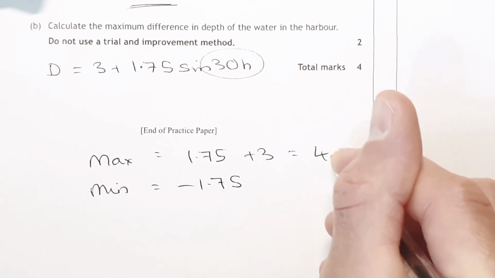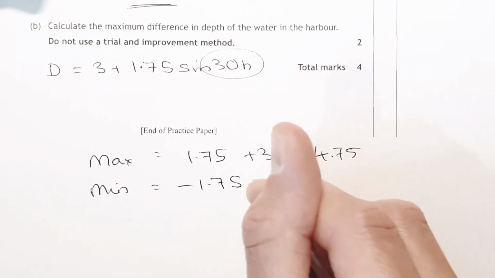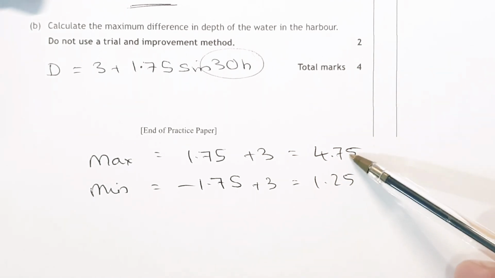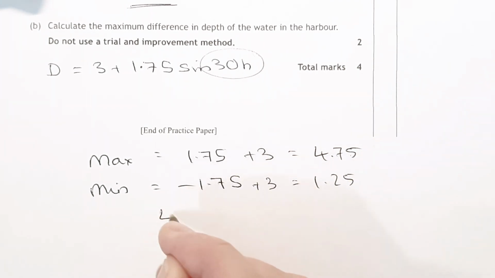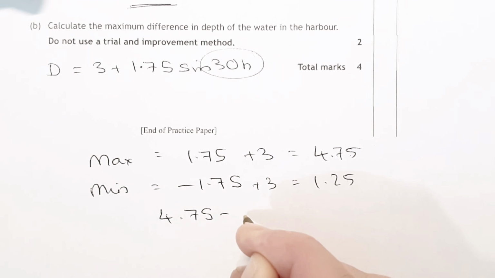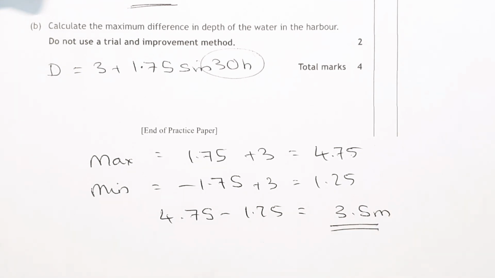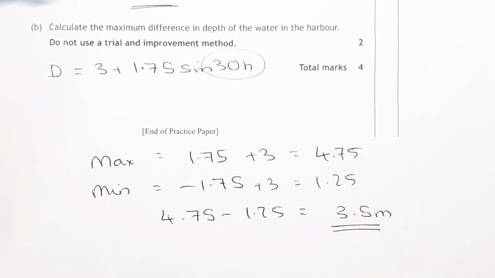So that takes you up to 4.75, and plus 3 onto the minimum takes you up to 1.25. Now the difference between the maximum and the minimum is 4.75 take away 1.25, and that gives you 3.5 metres. So that is the difference between the maximum depth and the minimum depth. So that's a slightly longer way of doing it.